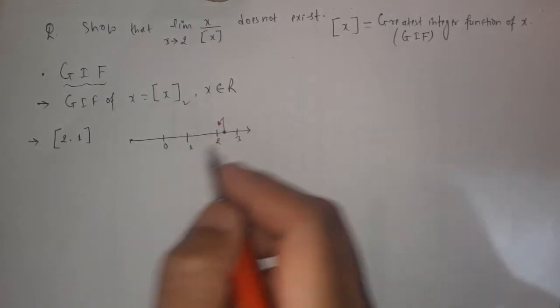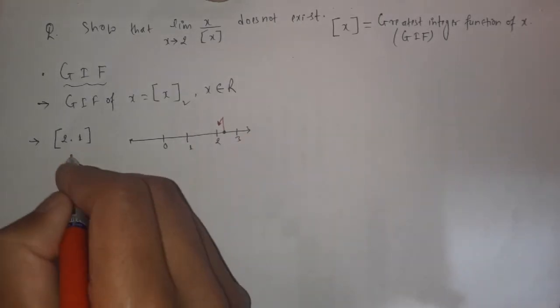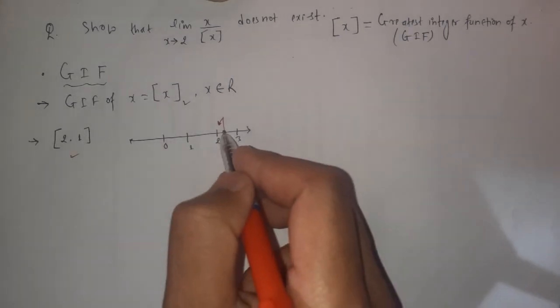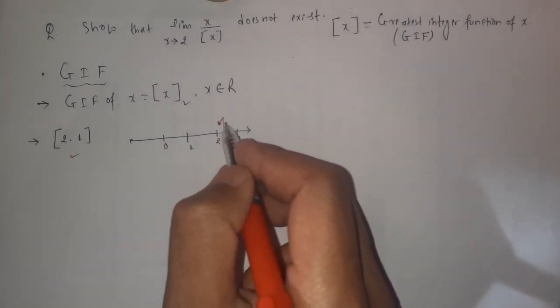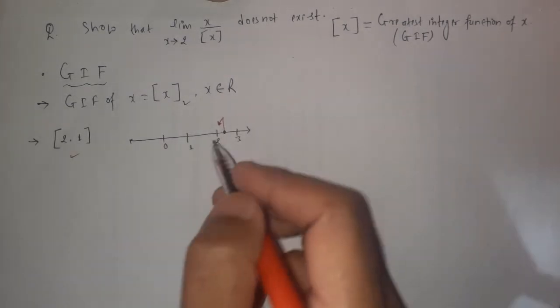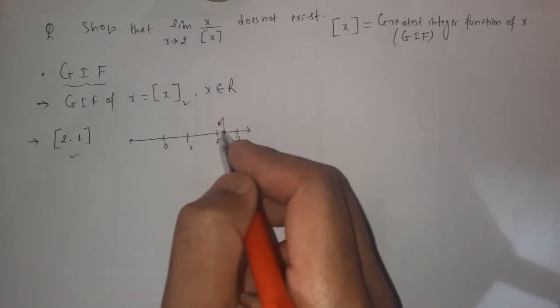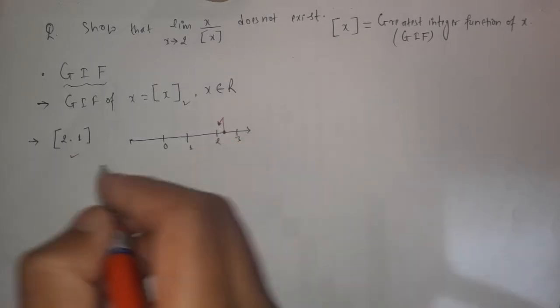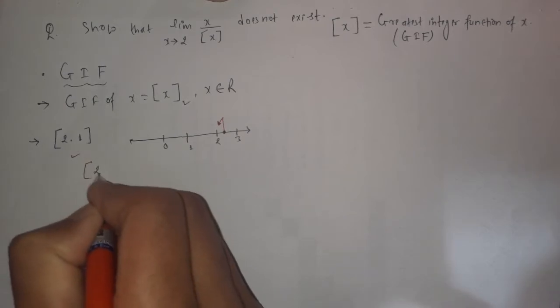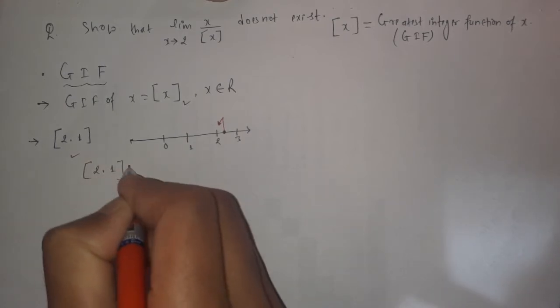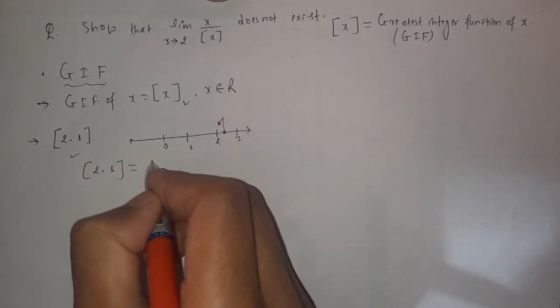Please memorize this method for calculating the greatest integer function. We have to search on the left hand side, and the closest integer on the left hand side is 2. So the greatest integer of 2.1 is just the integer 2.